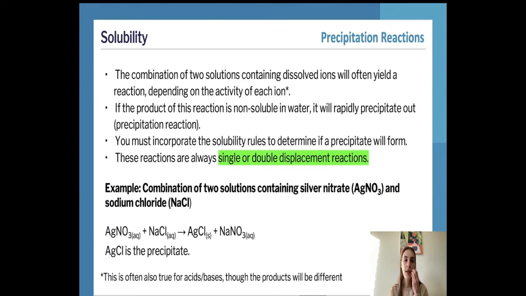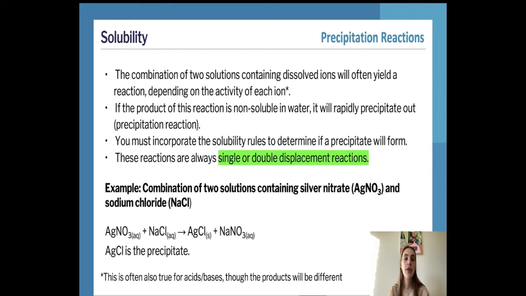And with solubility, we can consider precipitation reactions. Precipitation reactions are the combination of two solutions containing dissolved ions, and this yields a reaction depending on the reactivity of each ion. This is often true for acids and bases, but the products will be different.